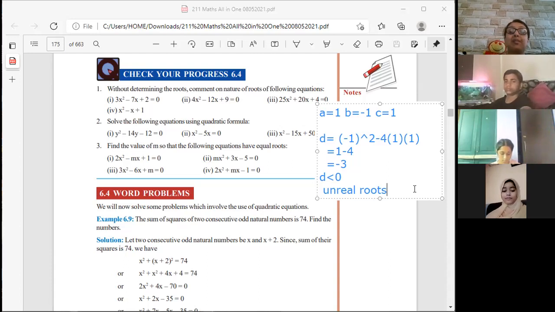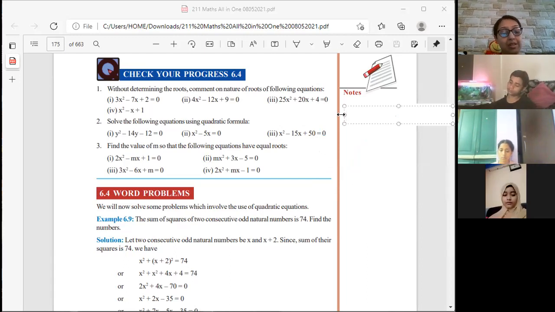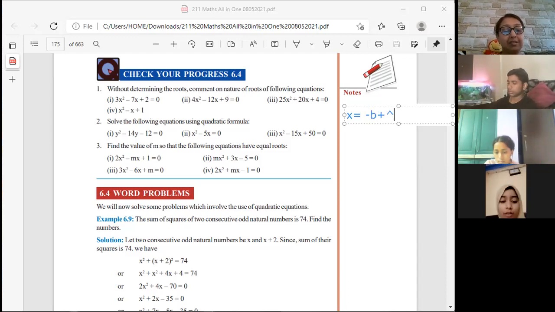Okay. Now I have asked you to write down the formula. Have you written the formula? What is it? X is equal to minus b plus or minus the root b square minus 4ac, all over 2a.